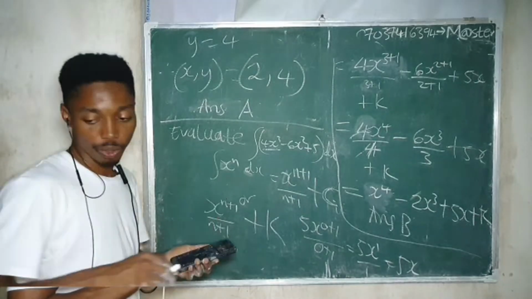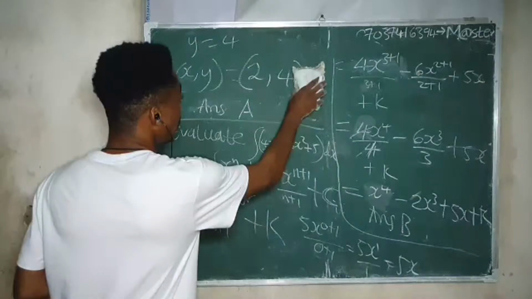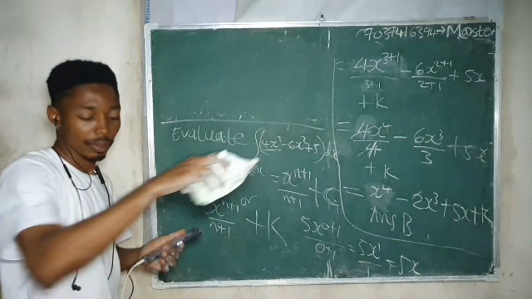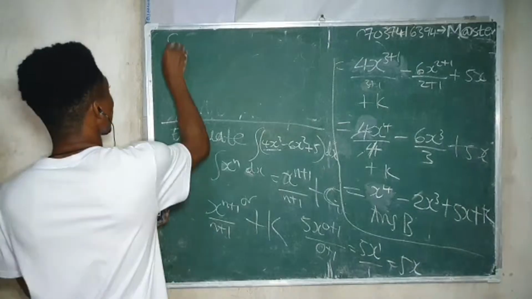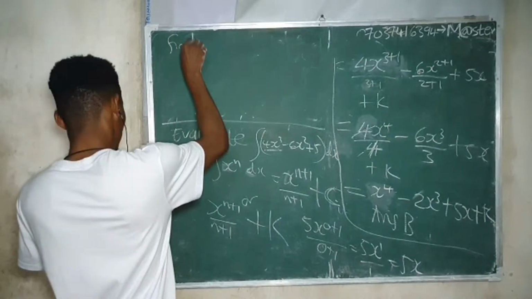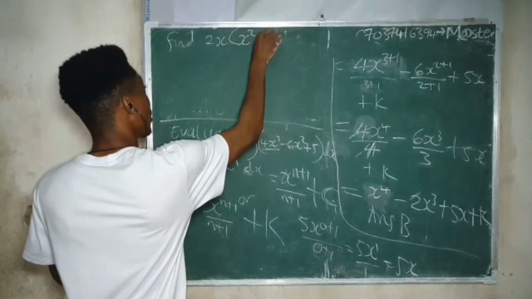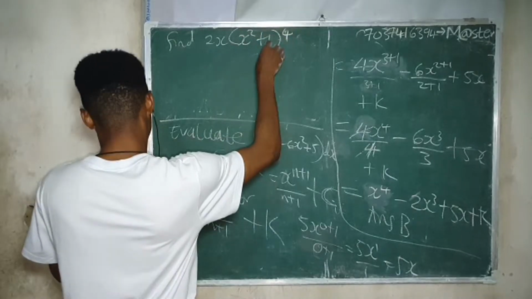Integration by substitution. That question said find the integral of 2x into x squared plus 1 all raised to the power 4.